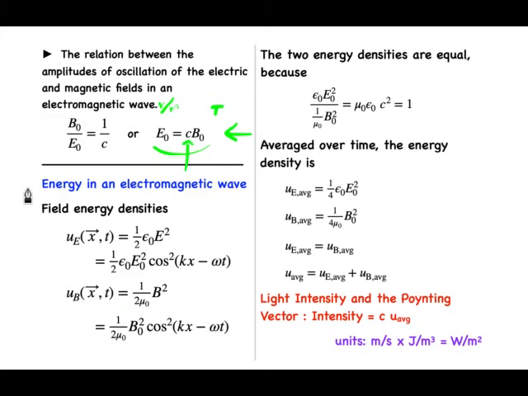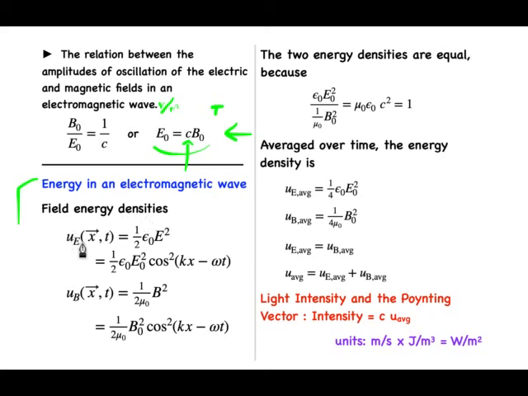Now, the electric and magnetic amplitudes are not equal, but the energies are equal. So, here is something taken from the textbook again. The energy in an electromagnetic wave. I know the equations for field energy densities from the studies of capacitors.